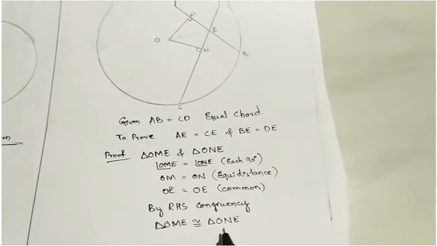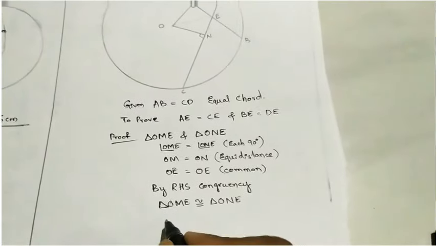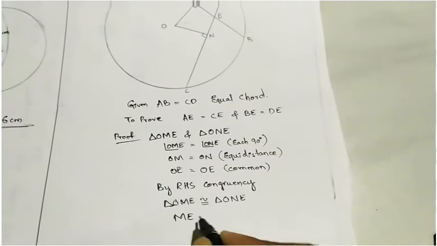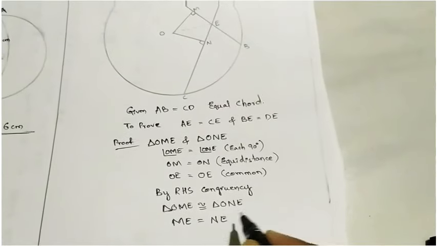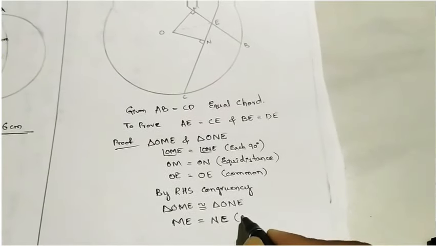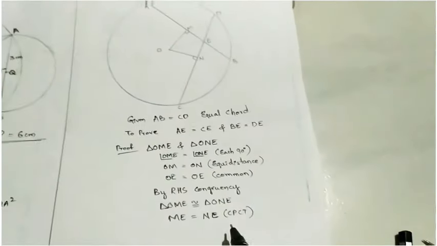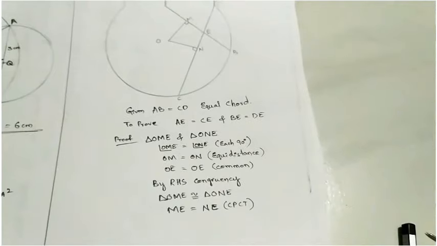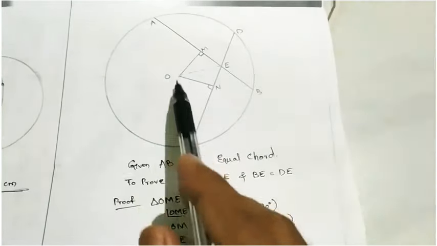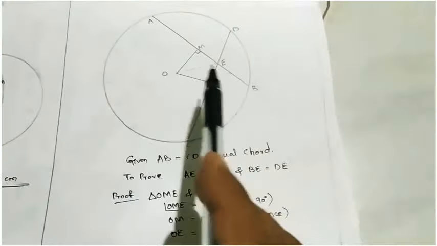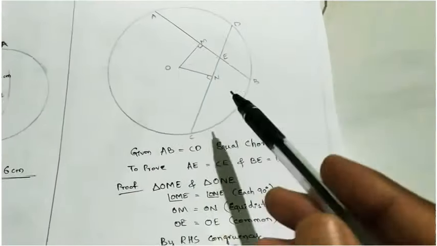When these two triangles are congruent, then automatically ME equal to NE, by CPCT, corresponding parts of congruent triangles. While taking the perpendicular from OM, this perpendicular line bisects AB. Here ON is perpendicular bisecting CD also.